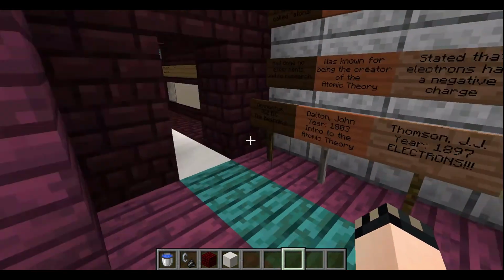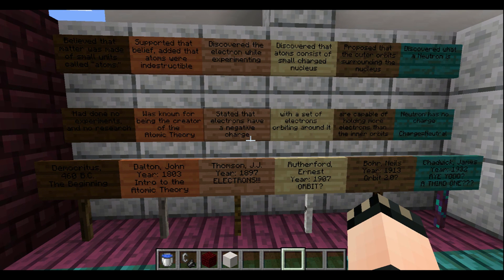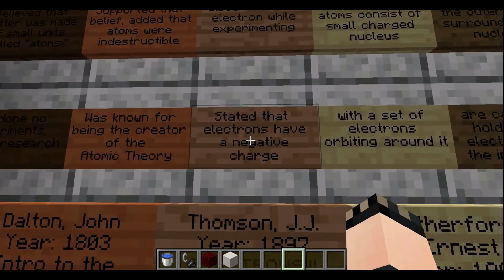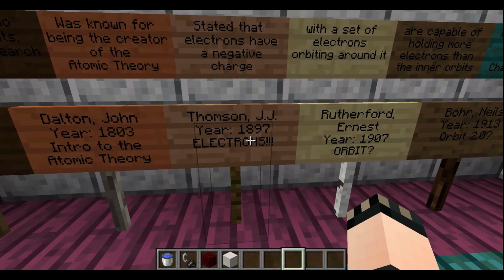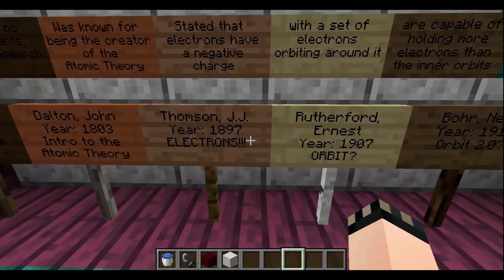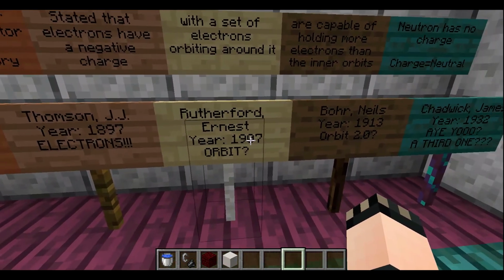And if you don't know, atoms are like batteries. They have a positive and a negative charge. And electrons are that negative charge.